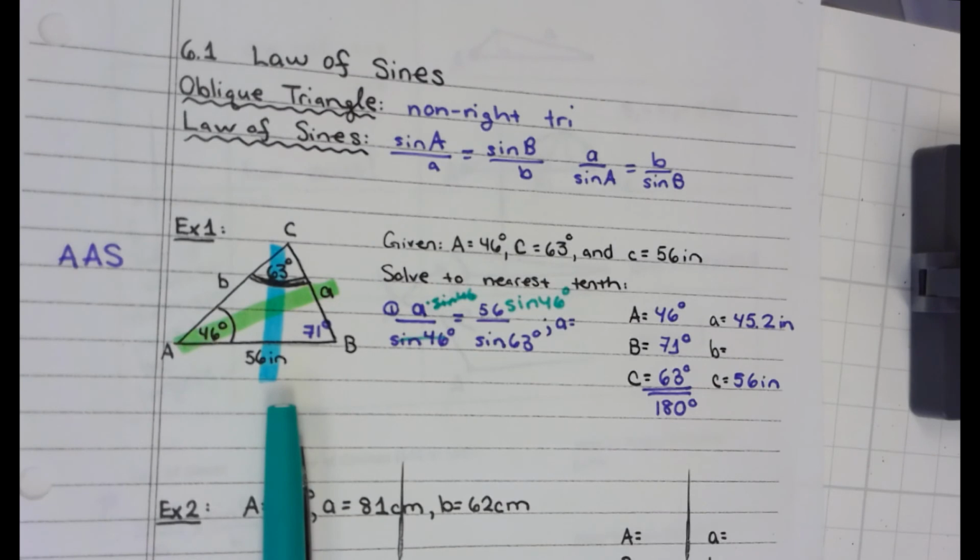Let's talk about proportions. 63 degrees is bigger. Is the side of 56 inches bigger than our answer? 46 to 45. Smaller angle, smaller side. Bigger angle, bigger side. So proportionally, am I happy with this before I move on? Why am I saying that? What if we forget to type a parenthesis into our calculator and you have a misplaced answer? You can pause yourself and look at those proportions, right? Okay, let's set up B.